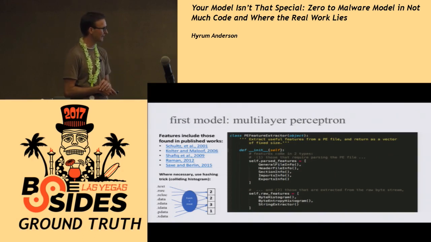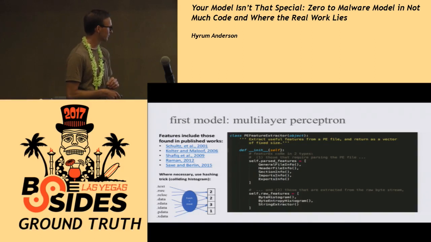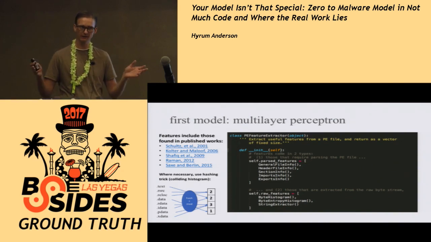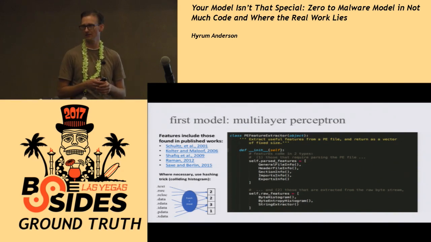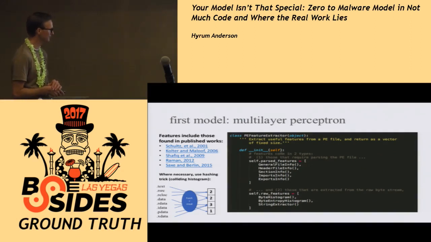So a byte entropy histogram, that's courtesy of our friends at now Sophos, Josh Saxe and Konstantin Berlin, who make this association between byte values and how they appear in complexity within your PE file. So, do ASCII characters appear in sections of relatively low entropy, or in sections of relatively high entropy? And lastly, I'm going to extract some strings.